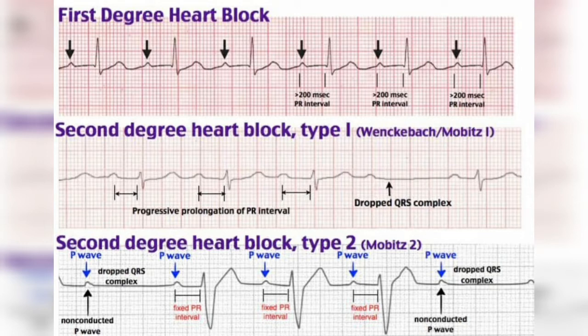Now, Mobitz Type 1 or Wenckebach phenomenon is often a normal variant seen in individuals with a high vagal tone without evidence of structural heart disease. However, this rhythm can result from inferior myocardial ischemia, medication toxicity, hyperkalemia, cardiomyopathy, or following cardiac surgery.